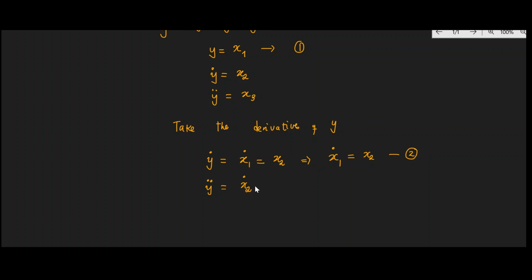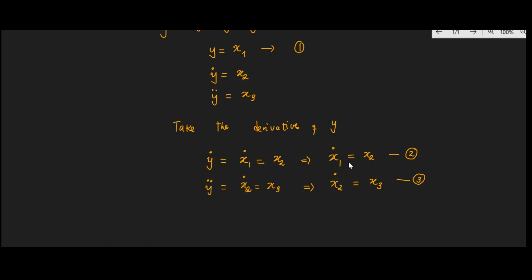So from this we can say that x2 dot is equal to x3. You name this equation as equation number 3.